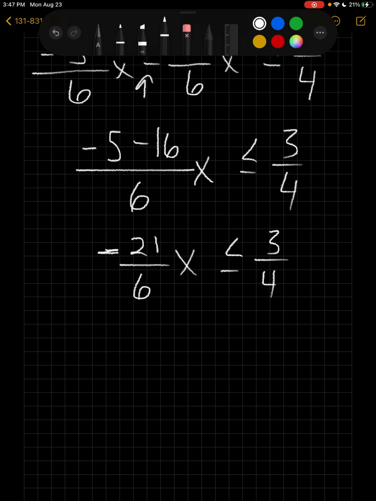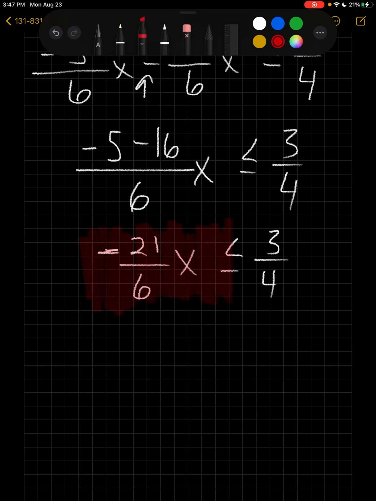Phew! All right. Here's another tricky thing about inequalities. I want you to stop right here. The next step that we're going to take is going to require some special action on our part.